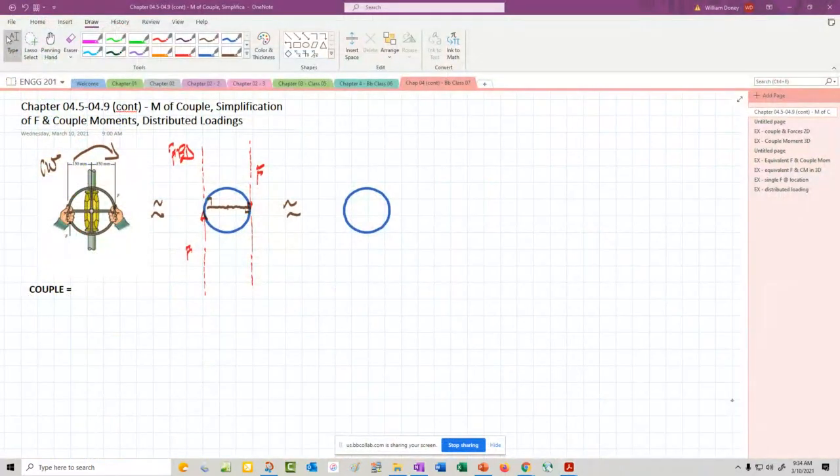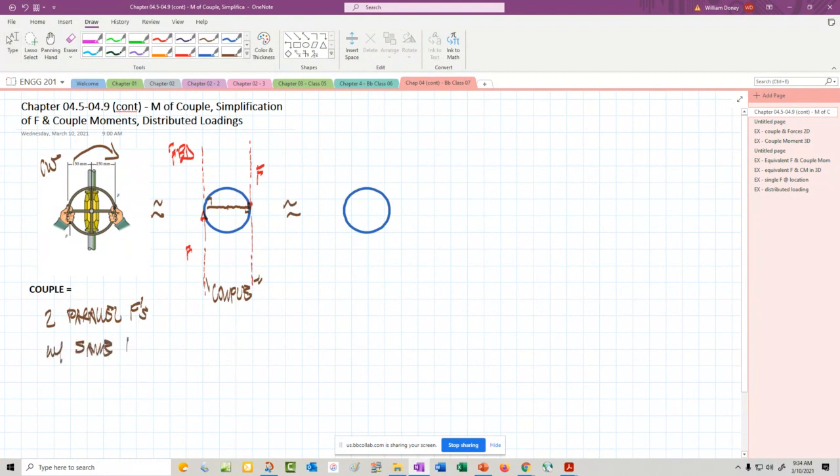So this would define a couple, or give us a visual of what's known as a couple, because a couple is two parallel forces with the same magnitude.